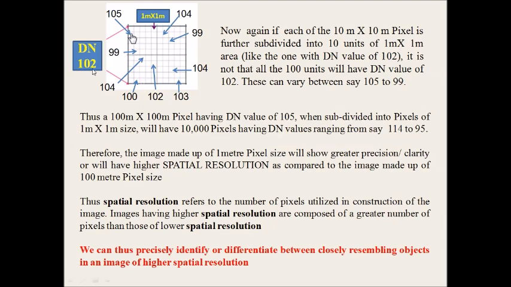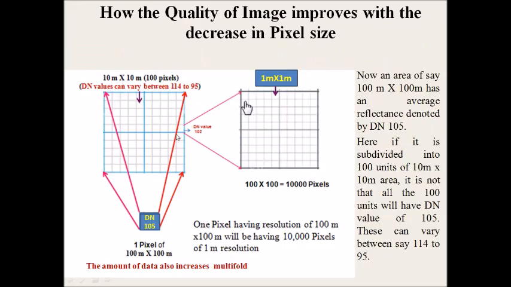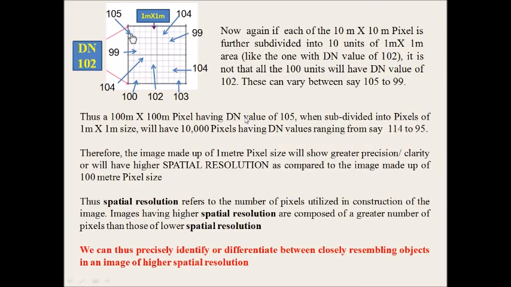Now again I have taken one of the pixels having a DN value of 102. It is further subdivided: this 10 by 10 meter pixel is divided into 1 meter pixels, 1 by 1 meter, and again there would be 100 pixels of 1 by 1 meter in a pixel of 10 by 10 meter.